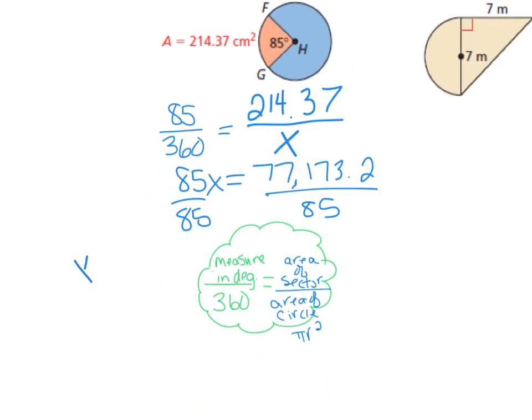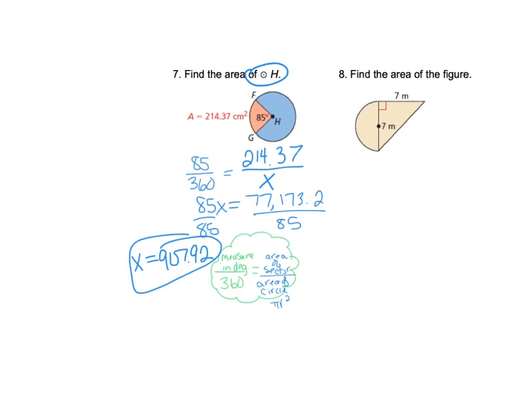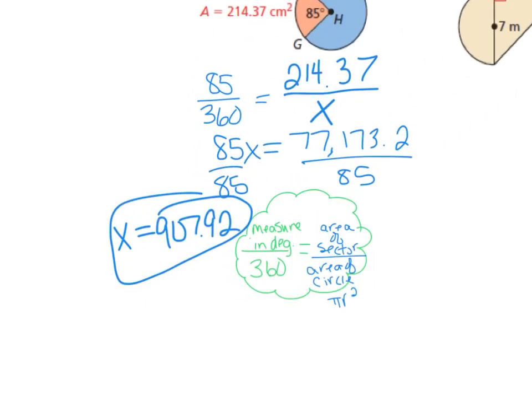So we would get x equals, if we divide 77,173.2 by 85, I get 907.92. And since we are finding the area of the circle, it'd be 907.92 centimeters squared.